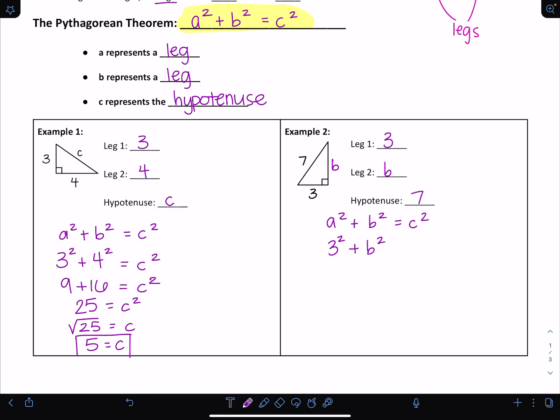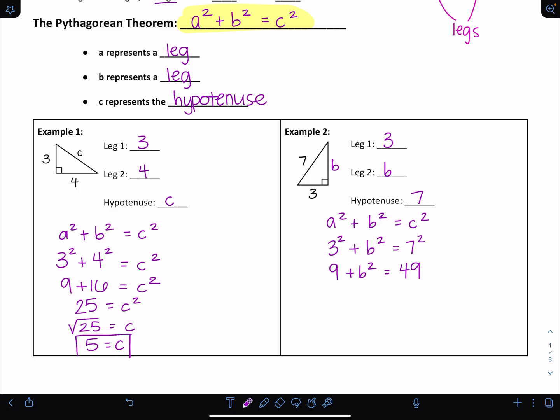And finally, we do know our hypotenuse, or c. That is 7. And the formula tells us to square it. Next step, we can figure out what 3 squared is. That's just 9. We'll leave our b squared alone. And we can figure out what 7 squared is. That gives us 49.